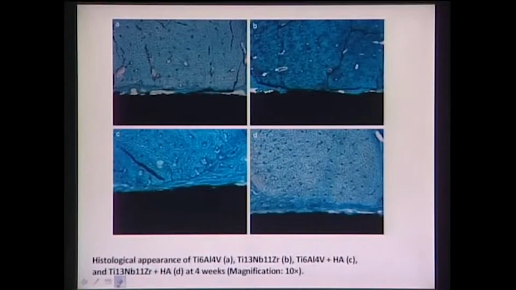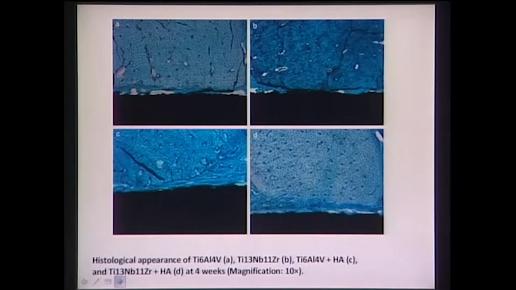If they had degraded in the in vivo environment, you could not see the same 2 mm diameter cylindrical specimen after 12 weeks, because the samples would have gone to half the diameter or half the length, whatever it is. Now, this is one of the ways to find out in vivo degradation.